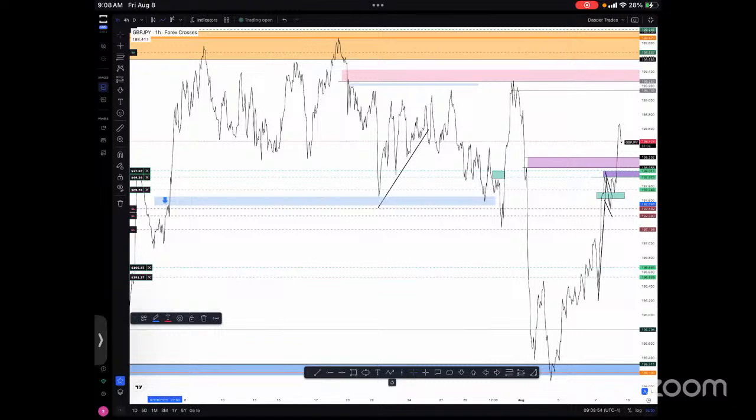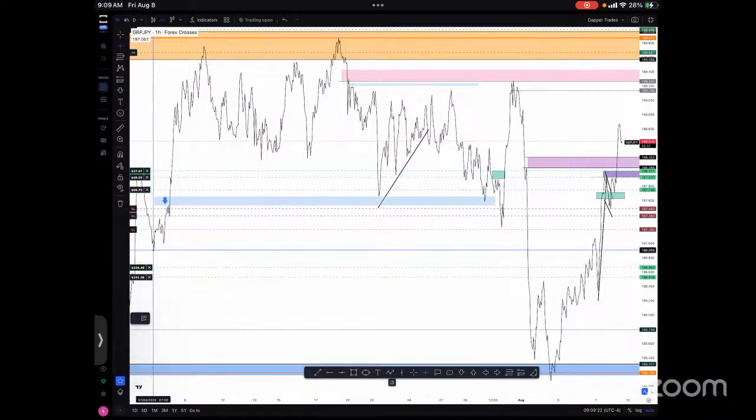Now, as you look down over here, you see how this point is lower than this point, but it's higher than the one to your left. So I can tell we were moving in the uptrend from right here.